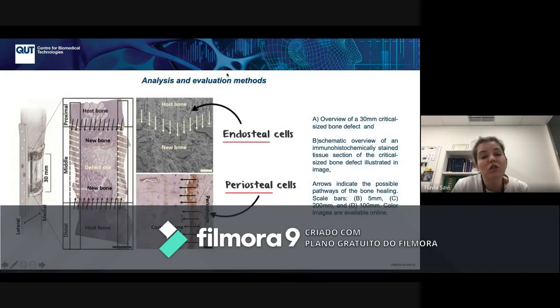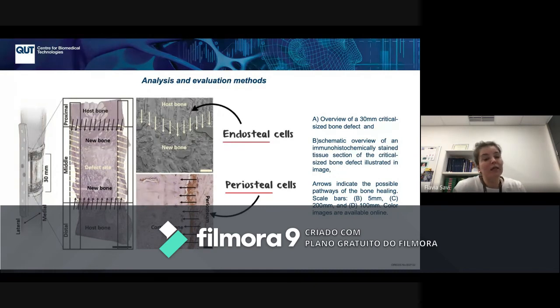Because here is the defect, a 3 centimeter defect, and we want to know how the healing is progressing, right? So what we do is explant also part of the host tissue, part of the sheep bone, not the one that is being regenerated, but the two ends that are already there.